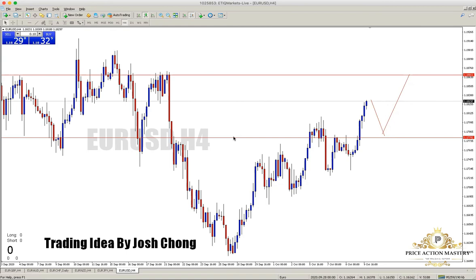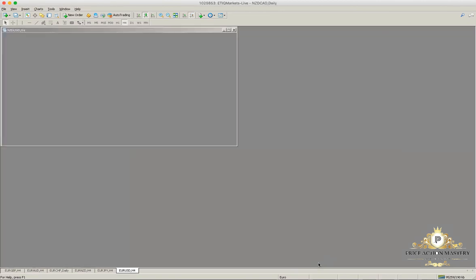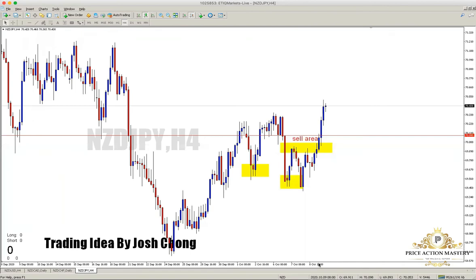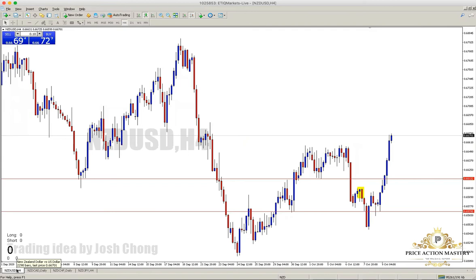To this level. Okay, the next will be the New Zealand pairs. New Zealand dollar first.